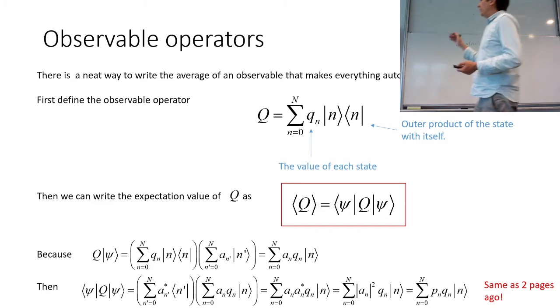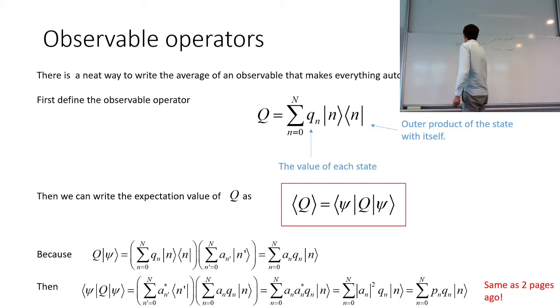Whenever you have such an observable, I didn't quite spell it out, but it has two parts to it: the measurement and the basis, which in this case is the states n, and then there are the values for each outcome, in this case Qn.